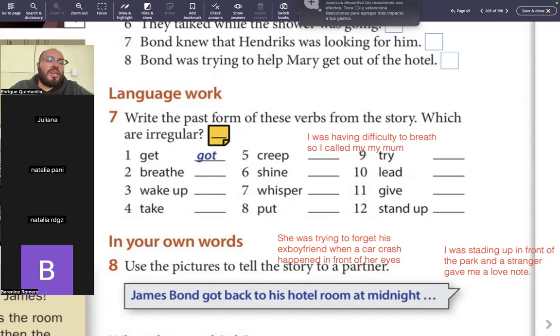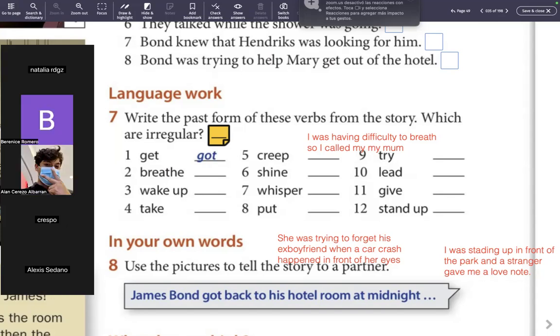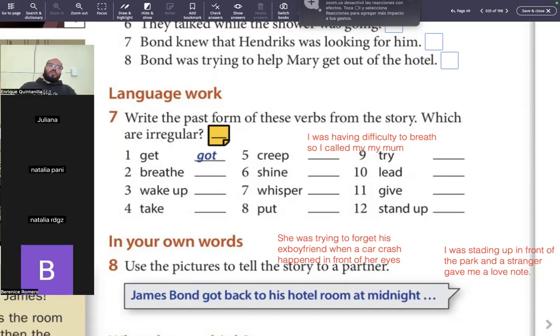Anyone else who would like to? Yes, teacher. Yesterday I woke up early, breathed deeply to start the day with energy. I stood up from bed and crept silently so as not to wake up my family.